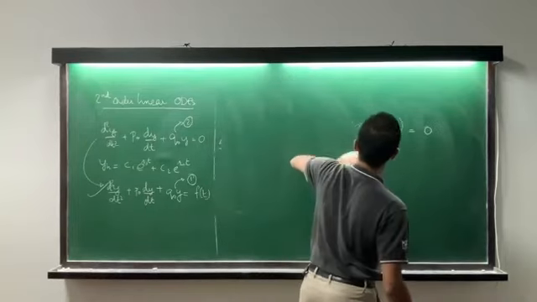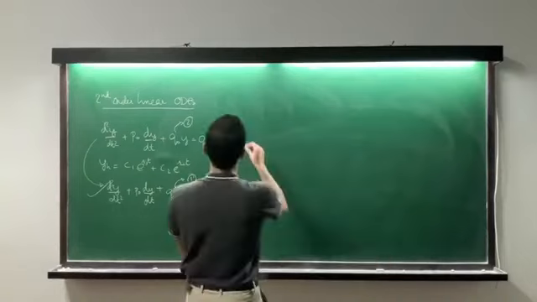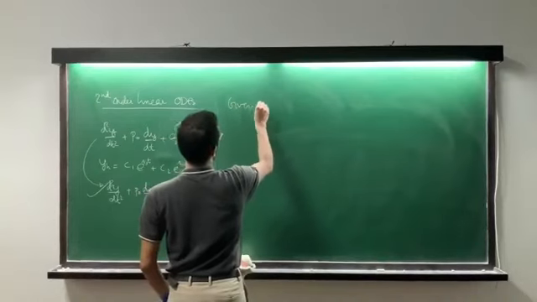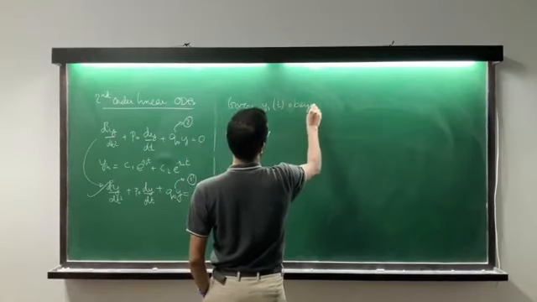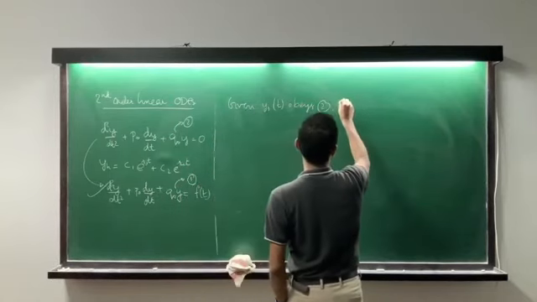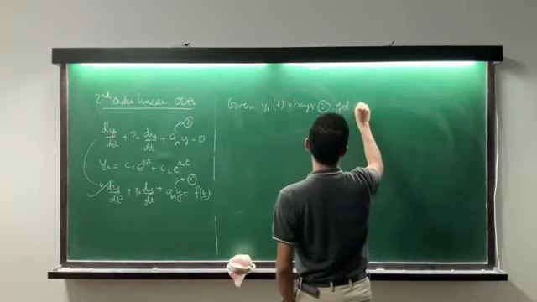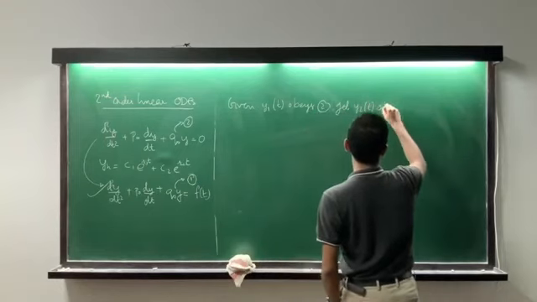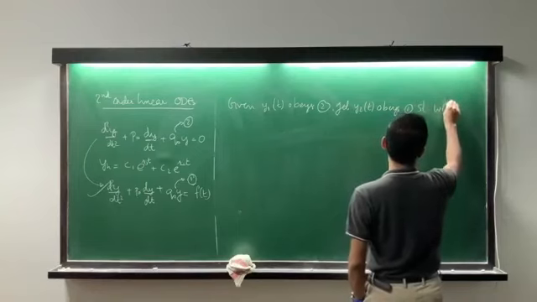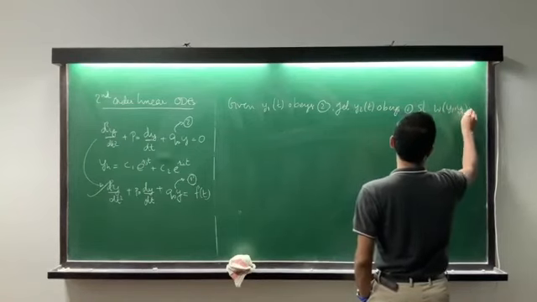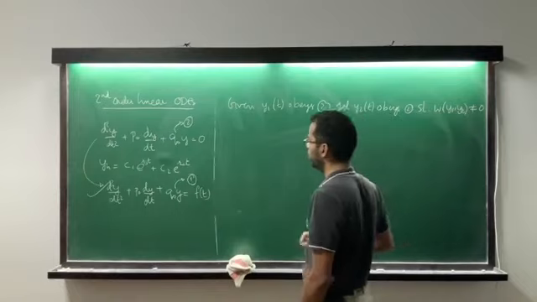Let me write this down explicitly. Given y1 of t obeys 2, get y2 of t that obeys 2 such that W of y1, y2 is non-zero.